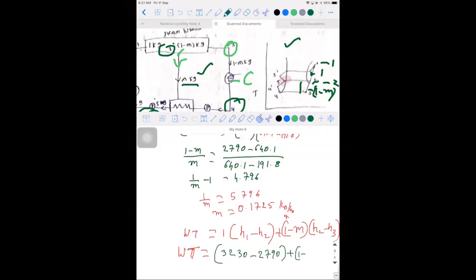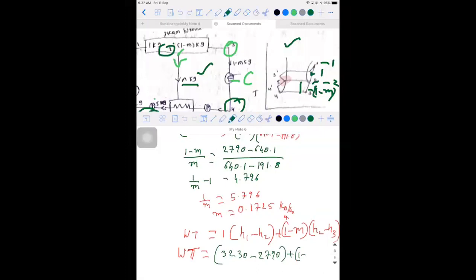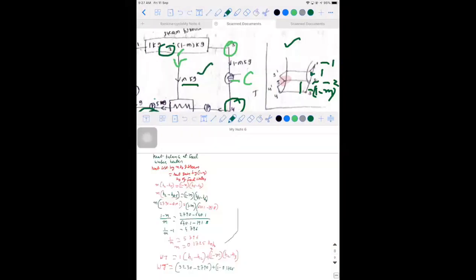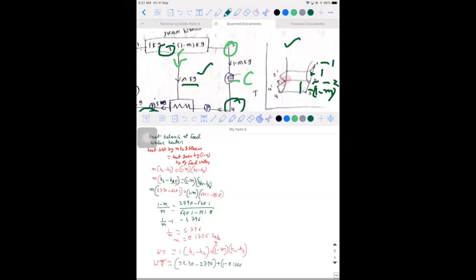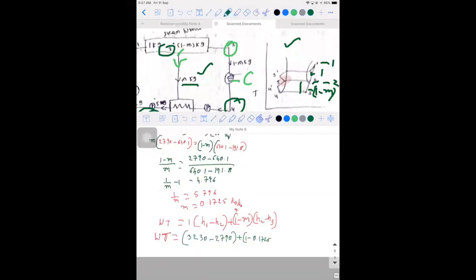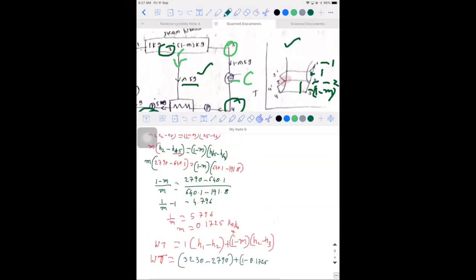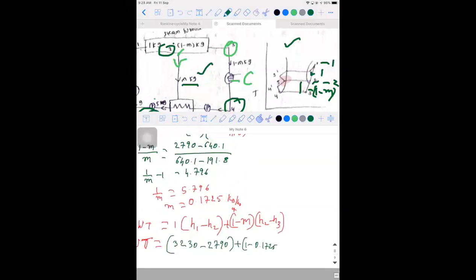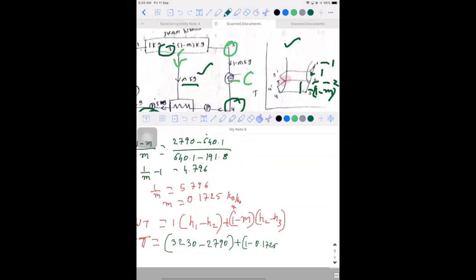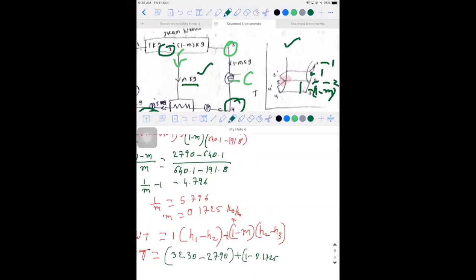What is this m, sir? m is 0.1725. So 1 minus m is 0.1275, multiplied by H2 2790 minus H3.